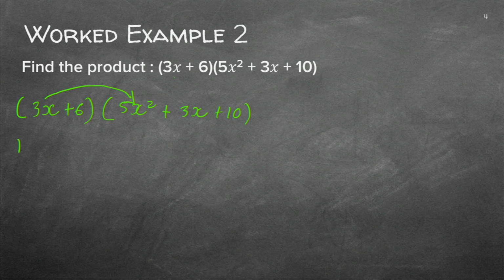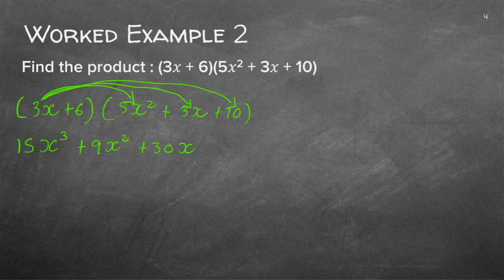So this is going to be 15x to the power of 3. And I also need to multiply the first term with the second term on the other bracket, which is going to be 3 times 3, which is a 9. And then you have x times x, which is x squared. The same 3x needs to multiply the 10 that you see there. So this is going to be 30x.